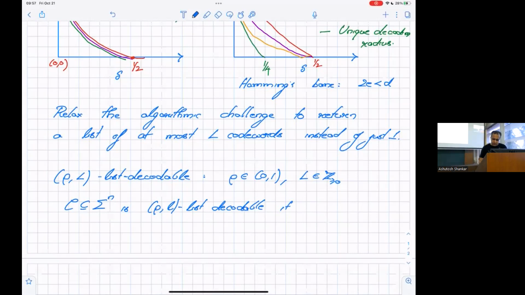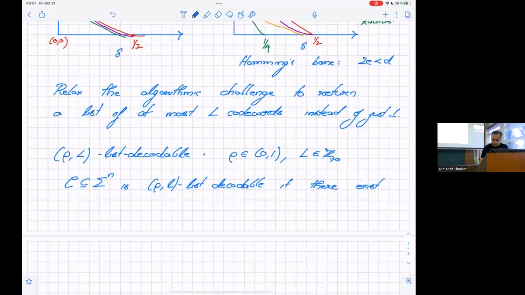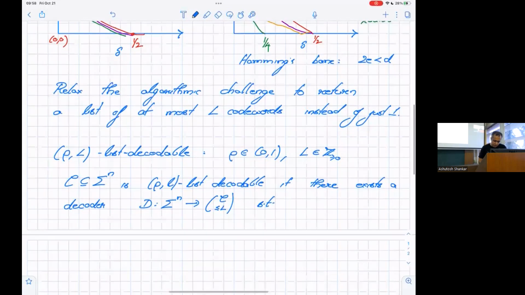And what is the function? If there exists a decoder, it's going to take an arbitrary purported code word, and it's going to return a list of at most L code words, such that the following condition is satisfied.